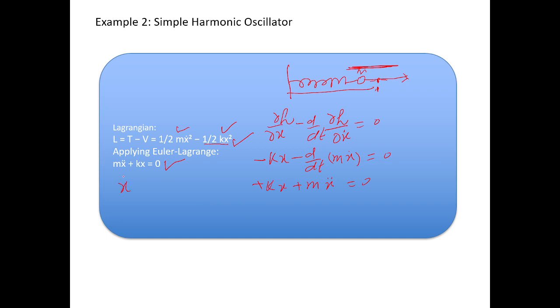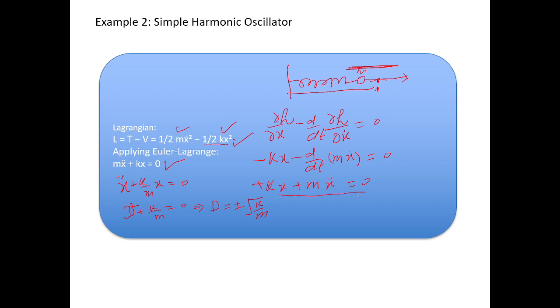This is m x double dot plus k over m x equal to 0. So D squared plus k over m equal to 0. This will give me two complex roots: D is equal to plus minus i under root k over m.